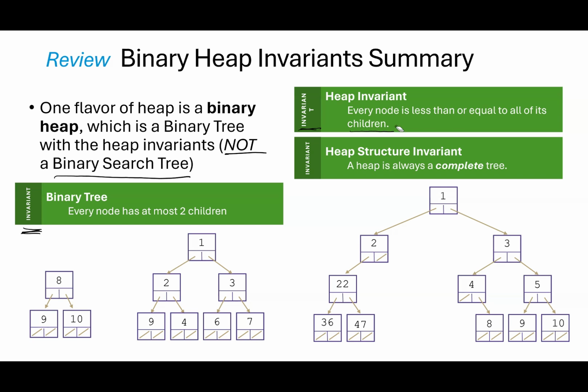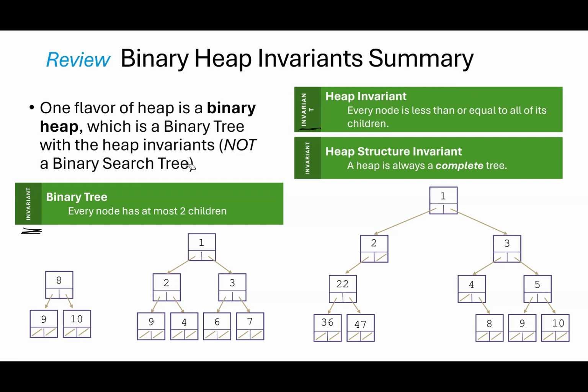So instead of less, it will be greater. Okay, so we don't need to talk about both. We can just keep talking about the min priority queue or min heap, and then just the opposite is a max heap.